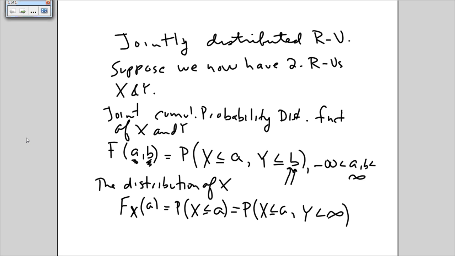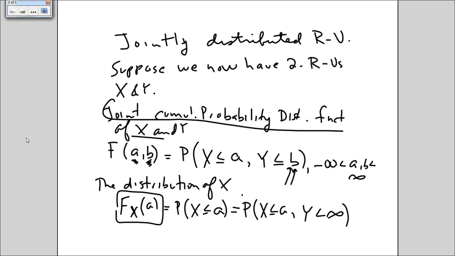Y can be any number less than infinity. It can be negative 98. It can be the square root of pi. It can be pi cubed over 11. It can be any number. So from the joint cumulative probability distribution function of X and Y, we can find just the distribution function of X. It's pretty neat. Just say Y is less than infinity.